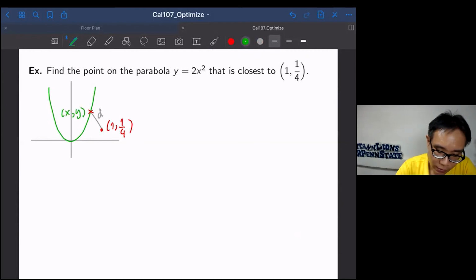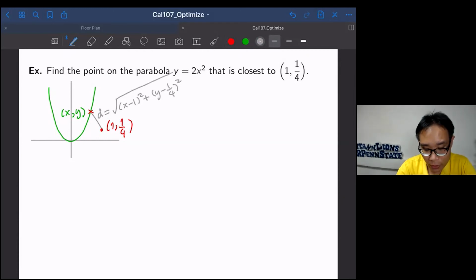The distance here turns out to be the square root of (x minus 1) squared plus (y minus 1/4) squared, and we need its minimum.